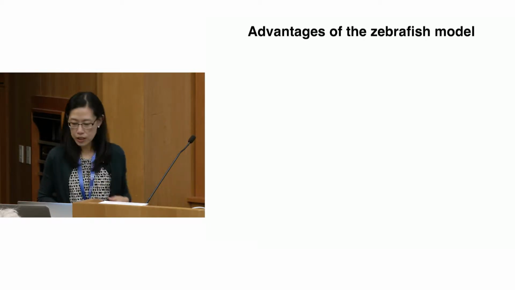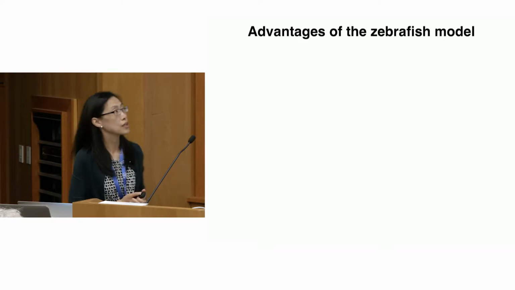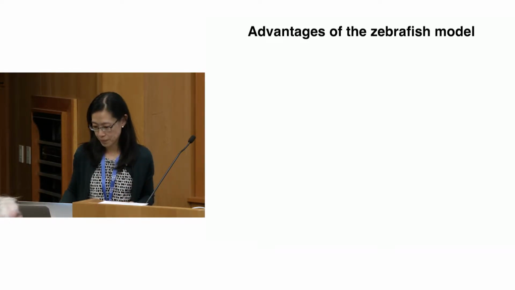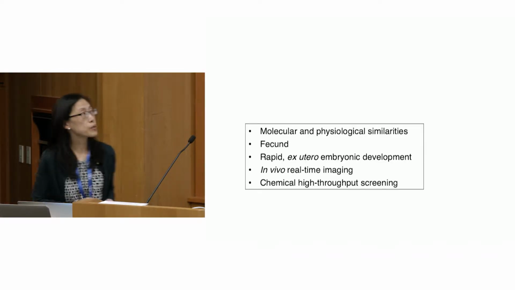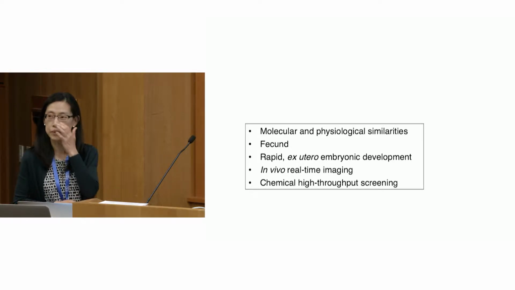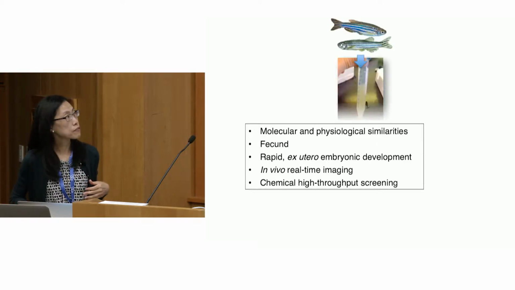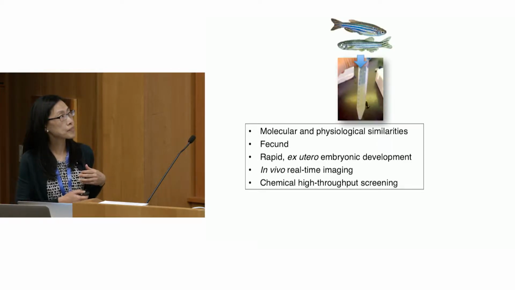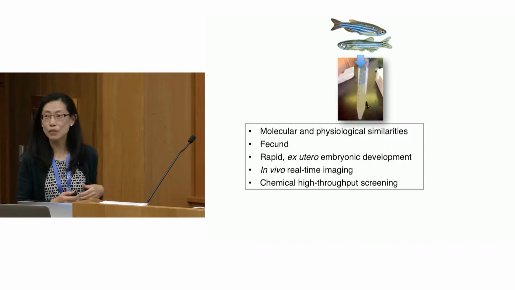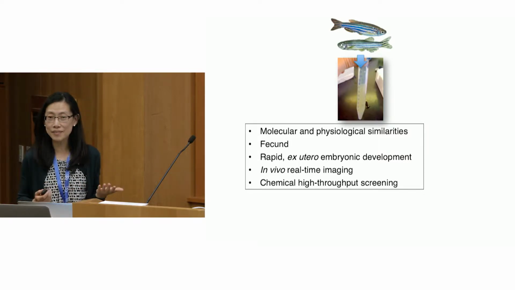And then if we look a little bit more closely at the advantages of the zebrafish model. We've mentioned the molecular and physiological similarities between zebrafish and humans. In addition, zebrafish are fecund. One pair of fish can lay about 100 to 500 zebrafish embryos in a morning.